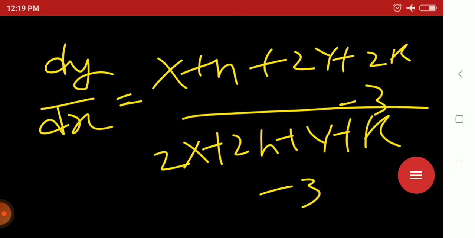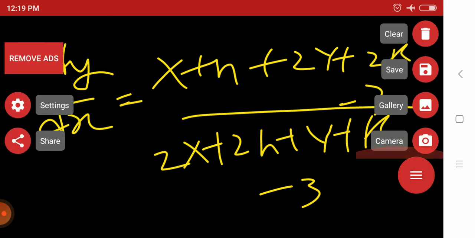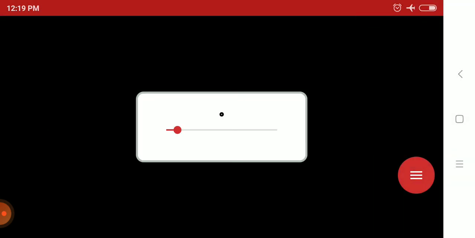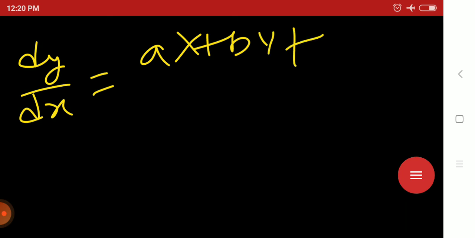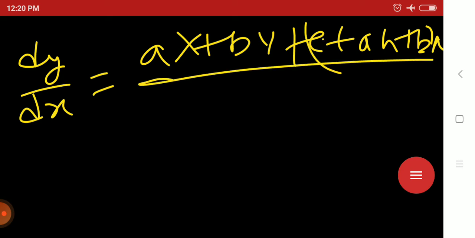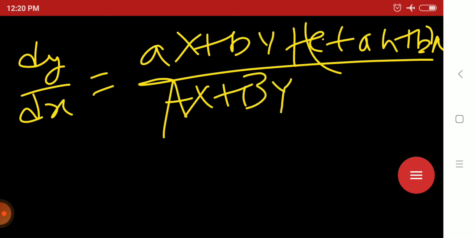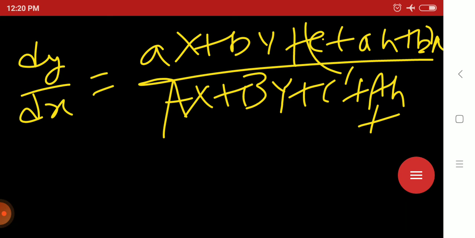Now what is our second step? Our second step is to put it in the form dy by dx equals ax plus b capital Y plus c plus ah plus bk, this format, and capital Ax plus by plus c prime plus h plus bk, this format.